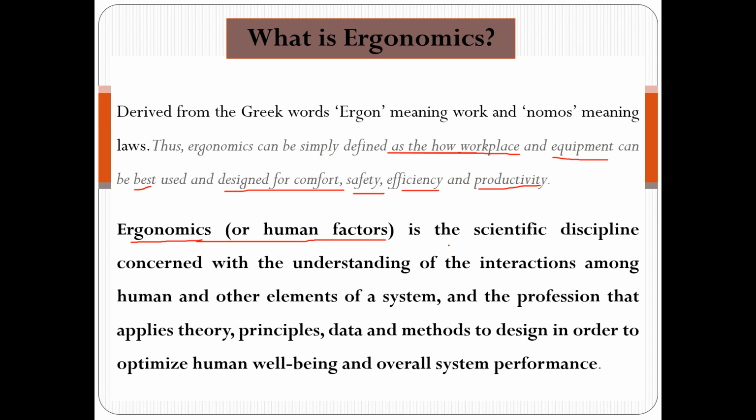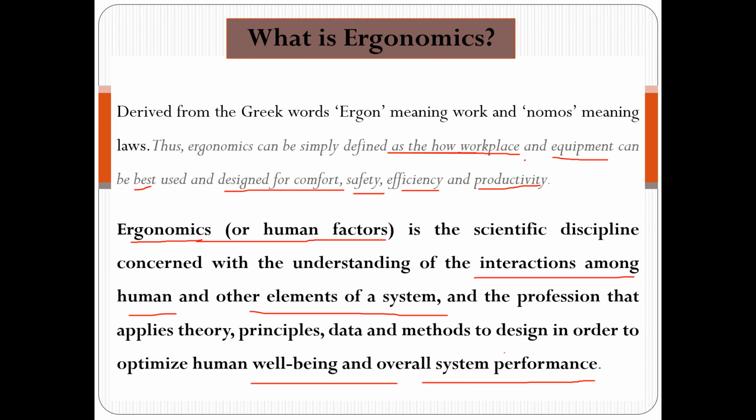It is a scientific discipline concerned with the understanding of interaction among humans and other elements of the system. What are the other elements? Equipment and workplace. And it is the profession that applies theories, principles, data, and methods to design in order to optimize well-being and overall system performance.